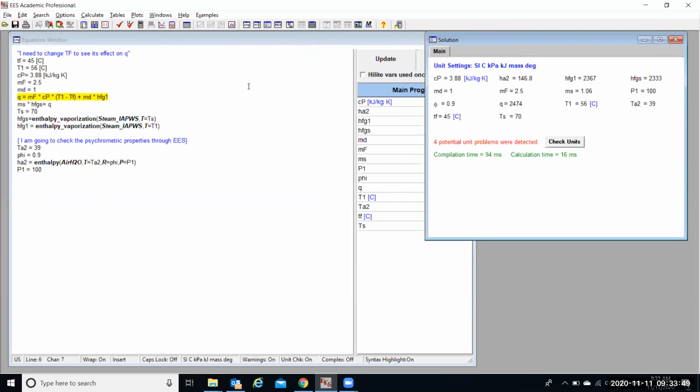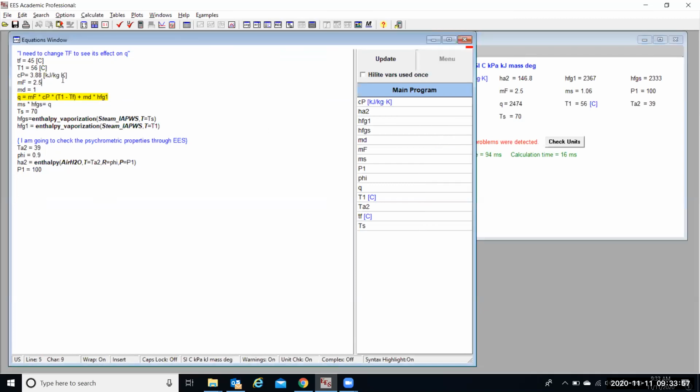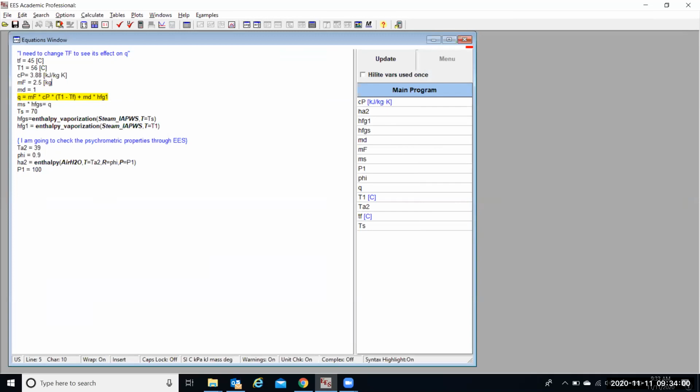This is an additional thing that will not affect the solution, but it's something you do for yourself so that when you come back to this program, it's easier to remember every one of these parameters that you are putting here this way. You can even organize it in a way like this.